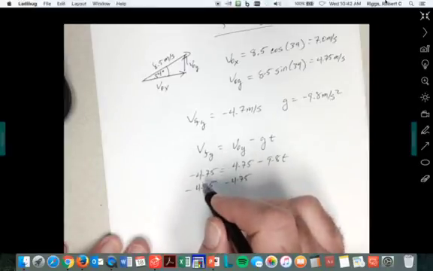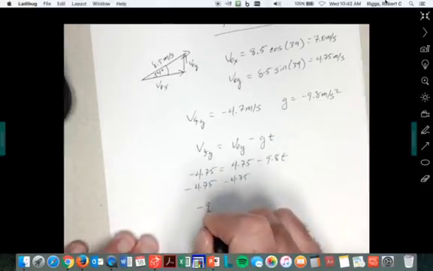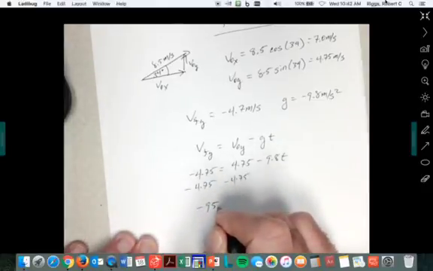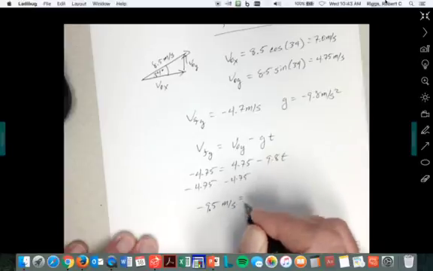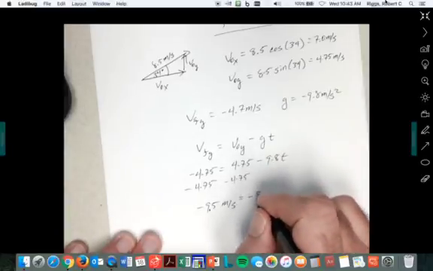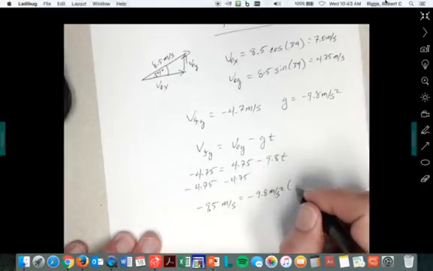Negative 9.5 meters per second is equal to negative 9.8 meters per second squared times the time in seconds.